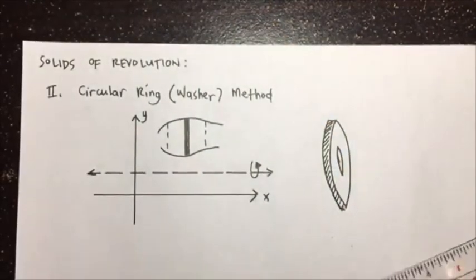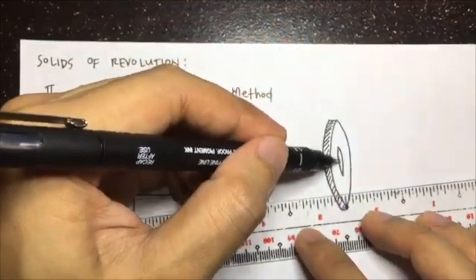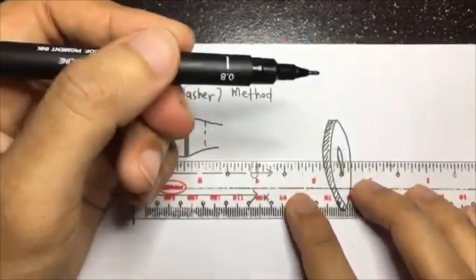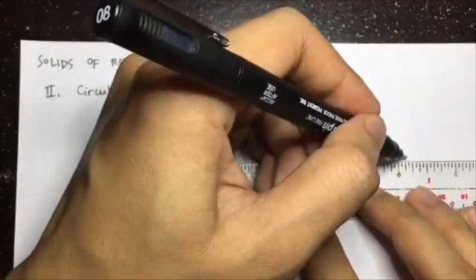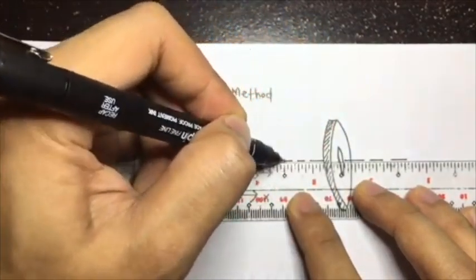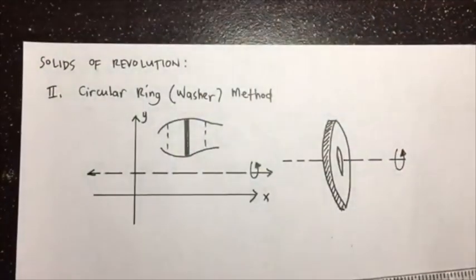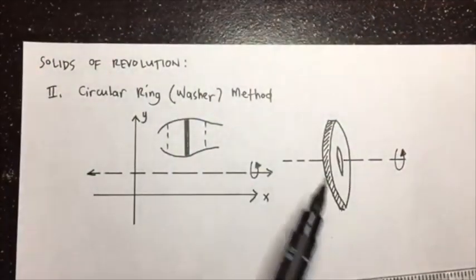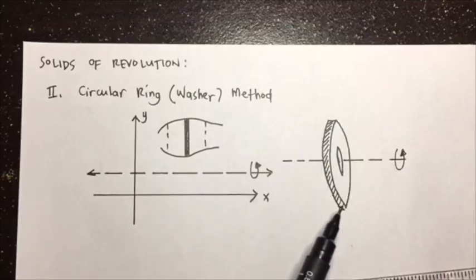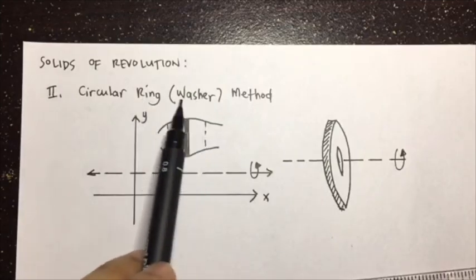So say for example that is our ring, so it is hollow inside. Okay, so this is a circular ring, or it's also called a washer.